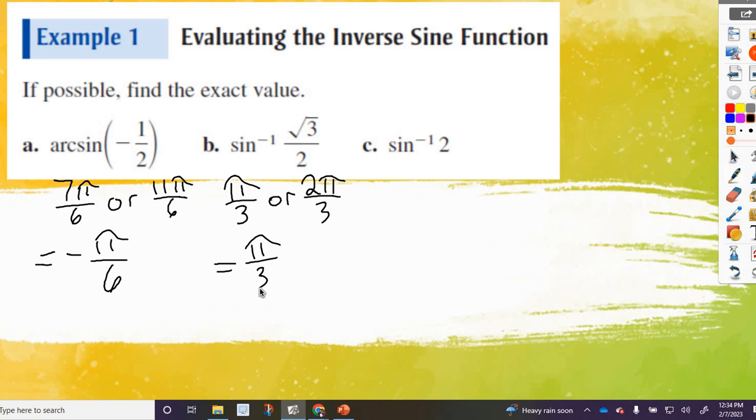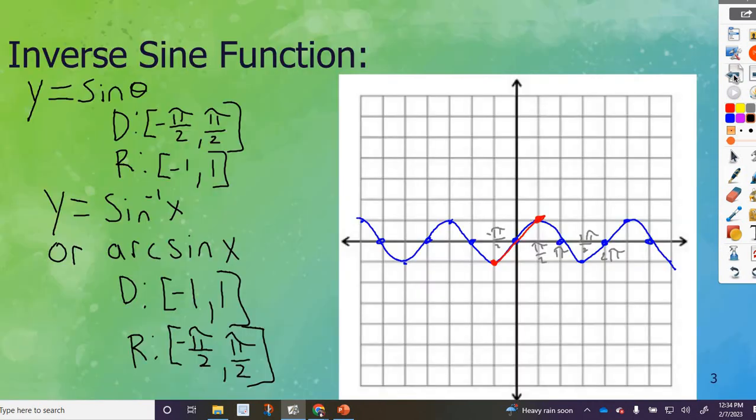But what happens? Domain error. Well, because again, let's think. We're saying what angle gives us 2 for sine. Well, do I ever get 2 for sine? Do I ever hit 2?